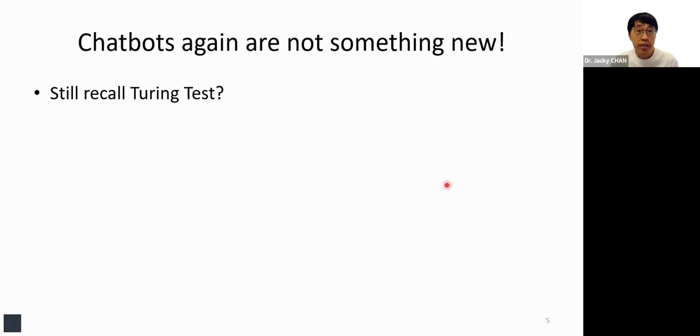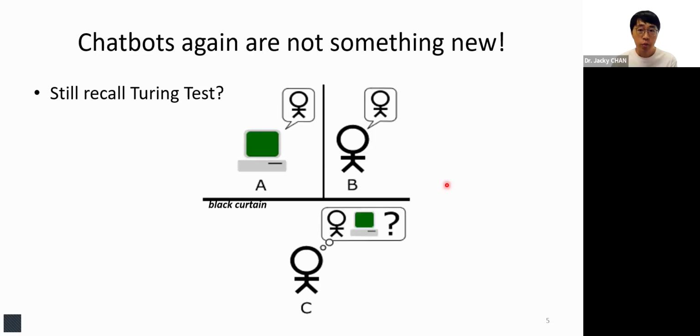You probably recall that last week, we learned about the Turing test. That's basically the idea of chatbots. We have someone chat with the computer system, and well, if you cannot distinguish whether it is the computer or the real person, then we say that the computer system passed the Turing test.